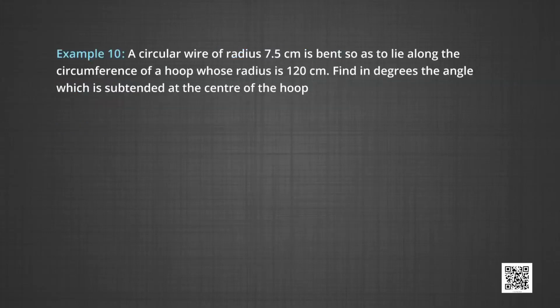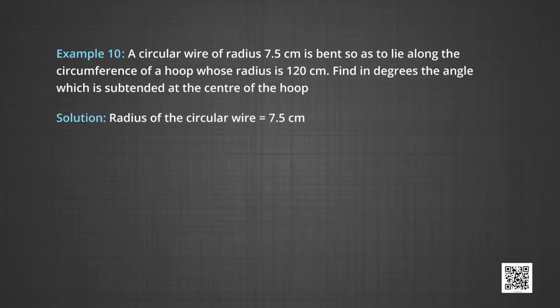In example 10, we take a circular wire of radius 7.5 centimeter and it is bent so as to lie along the circumference of a hoop whose radius is 120 centimeter. We have to find in degrees the angle which is subtended at the center of the hoop.